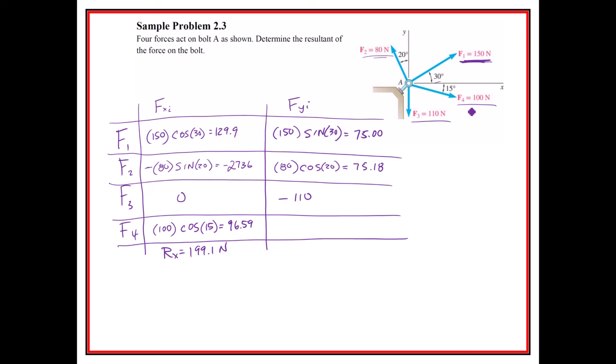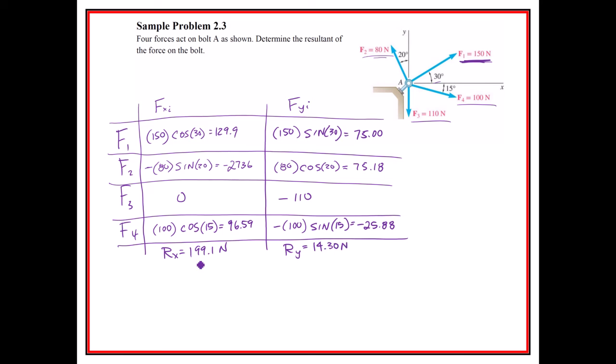And then lastly, we see F4, and that's going in the negative y direction, so it's negative 100 times the sine of 15, right? Because that's the vertical part of that. And we get negative 25.88. And if we add up everything in this column right here, we get 14.30.